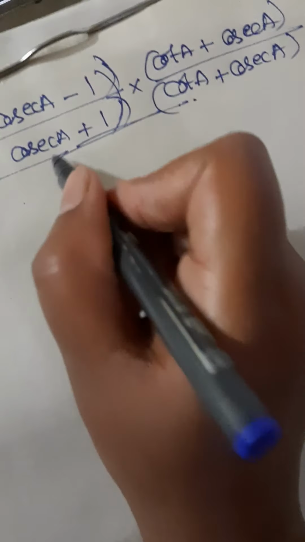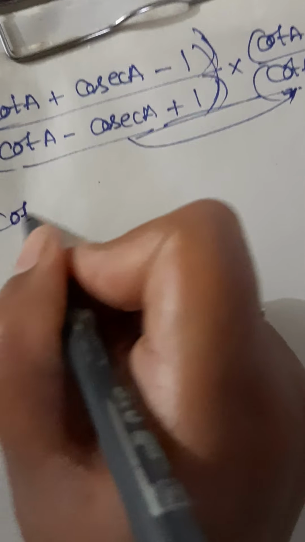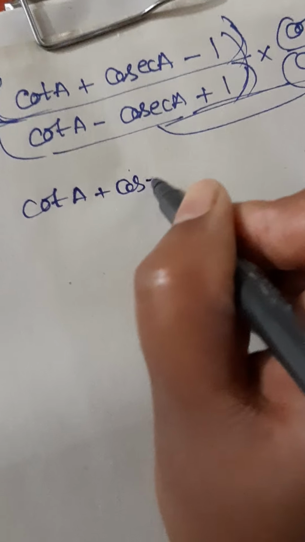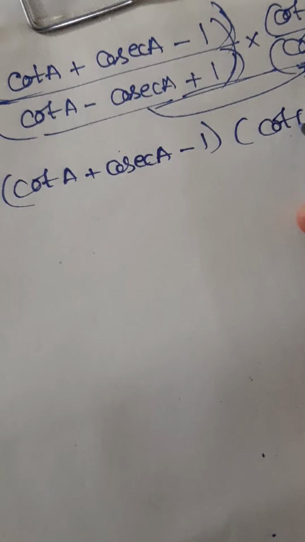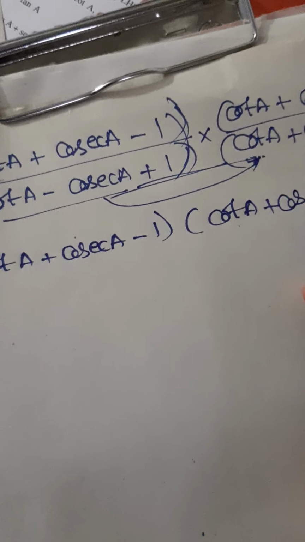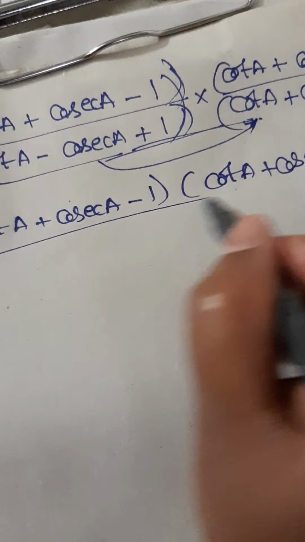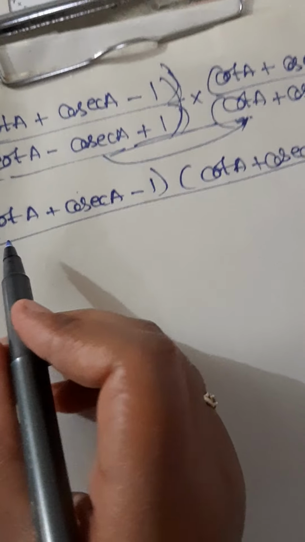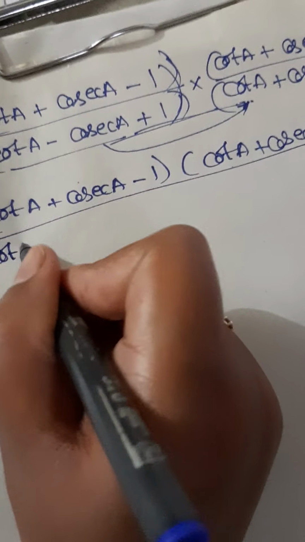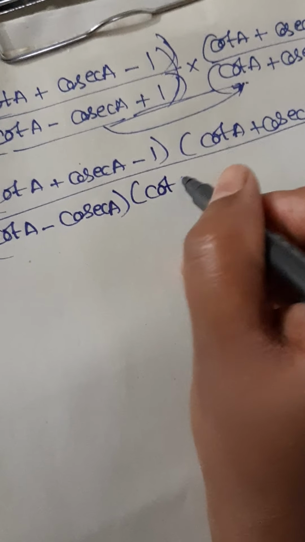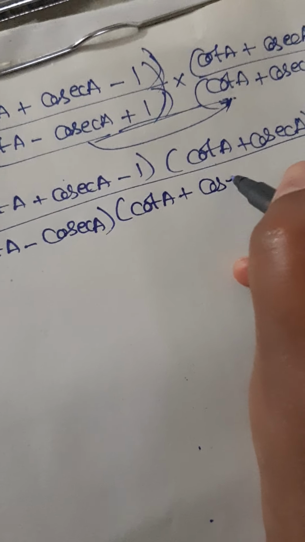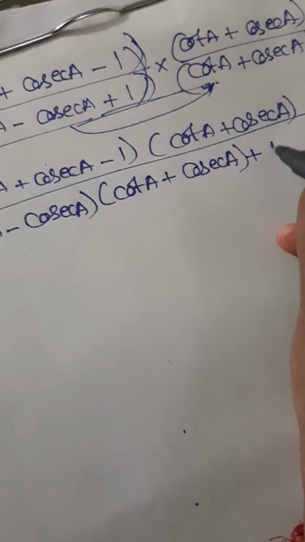Let's keep the above number as it is, cot A plus cosecant A minus 1, times cot A plus cosecant A, divided by, multiplying these, cot A minus cosecant A and cot A plus cosecant A plus 1.